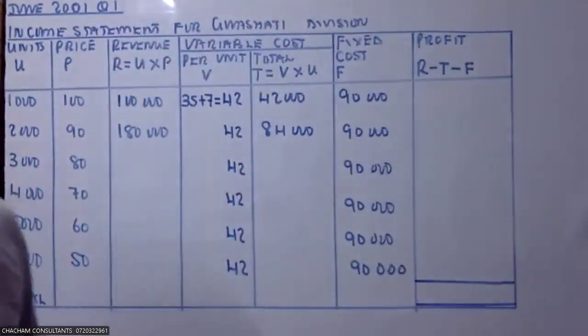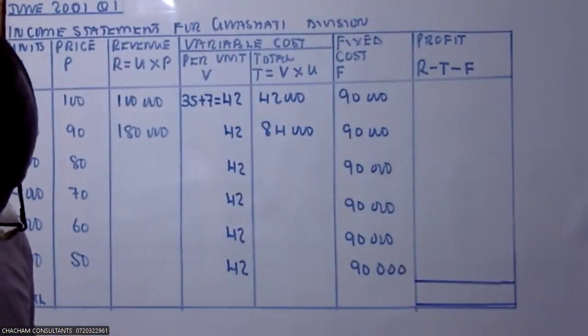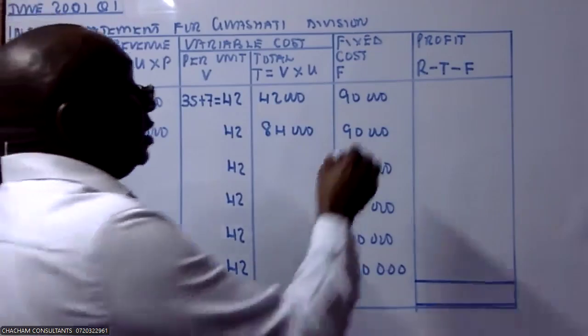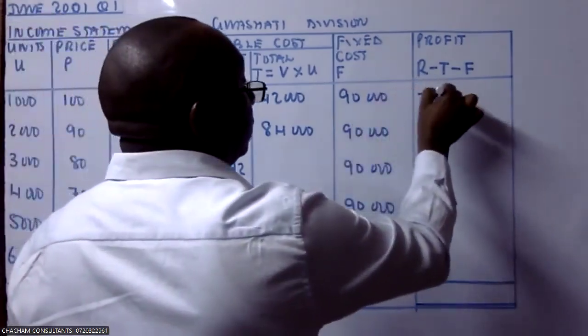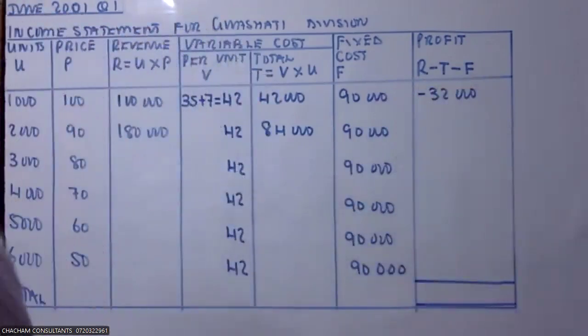So that the profit, like for the first one, will be negative 2,000. Yeah, so utapata total there.